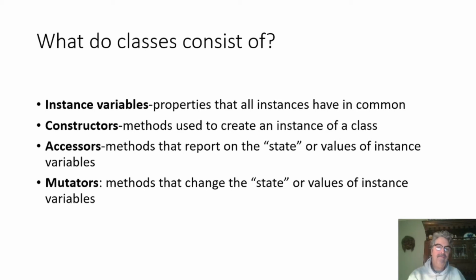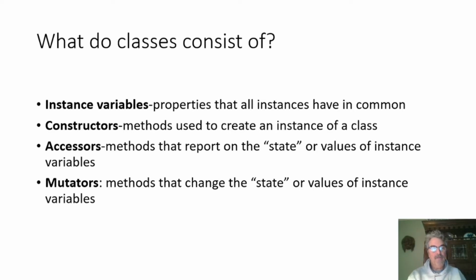Well, a little bit more. We found that classes consist of instance variables, and those are the things that you put up at the top. They usually begin with the word private: private int customer balance, private String name. Those are properties that all instances or objects of that class type have in common.